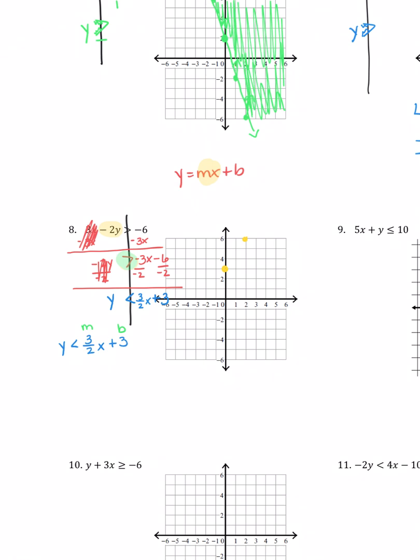Oh, I just miscalculated that one, so let me erase that one. If I can't go up and to the right, I'm going to go down and to the left. So remember, we're going down 3 and to the left 2. So 1, 2, 3, 1, 2. There we go.